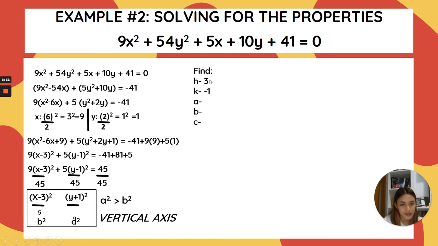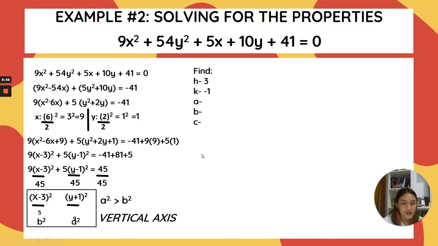So earlier at the standard equation, for our h here we have x minus 3. So this here is negative 3, so our h will be positive 3. And then for the k, here the y plus 1, since this is positive, this will be negative 1. So our k is negative 1.